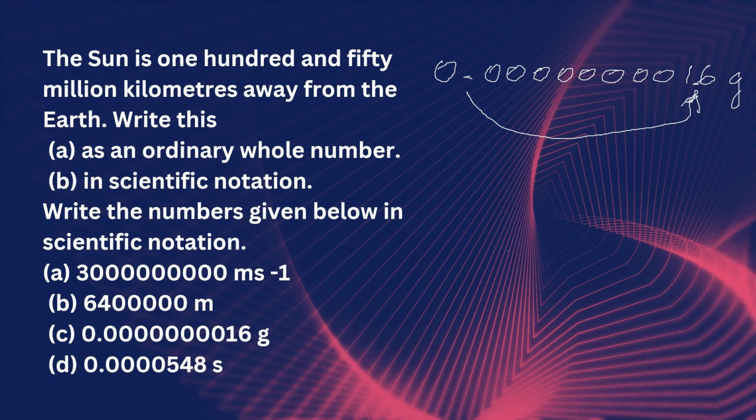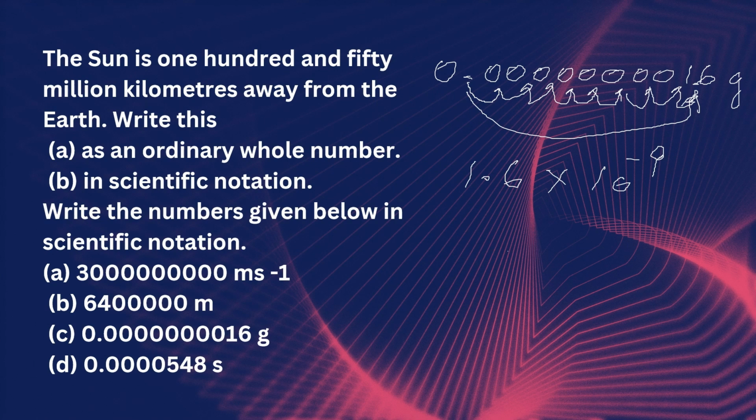I will count how many digits I have moved the decimal towards the right this time: 1, 2, 3, 4, 5, 6, 7, 8 and this time 9. So I will write this number as 1.6 into 10 to the power negative 9, because I am now moving in the reverse direction. Previously I was moving from right to left. This time I moved from left to right.